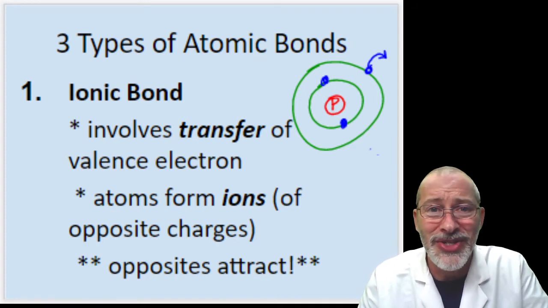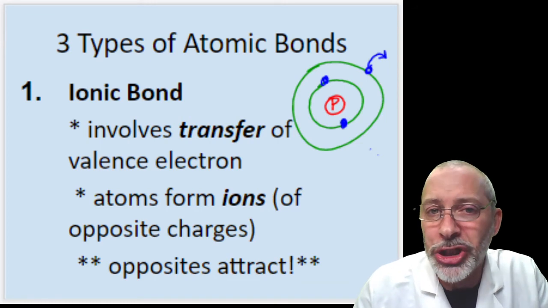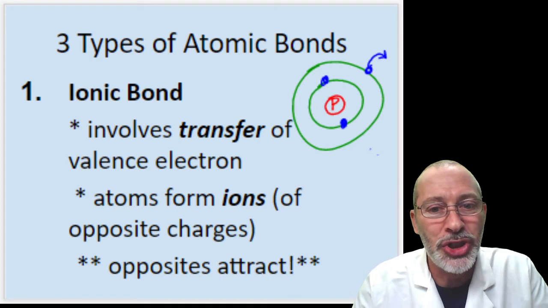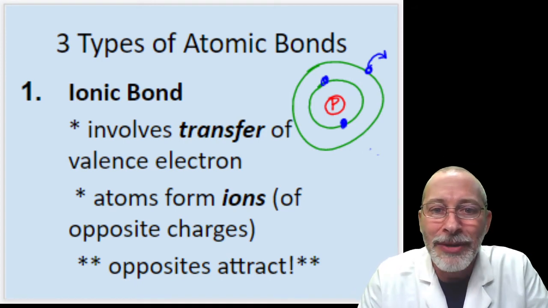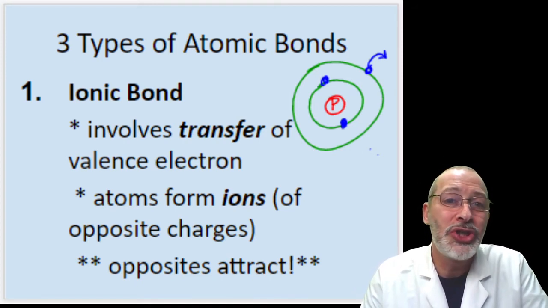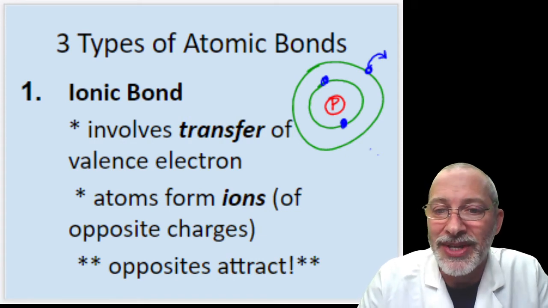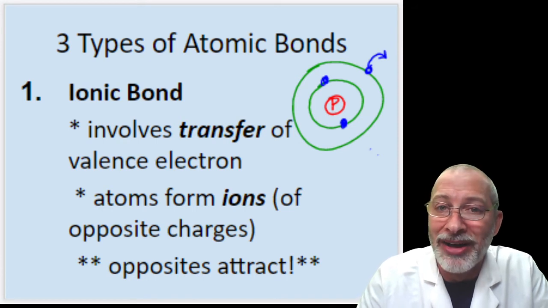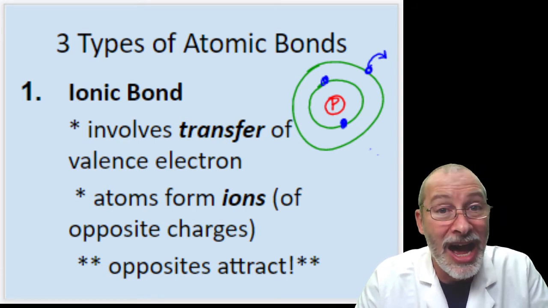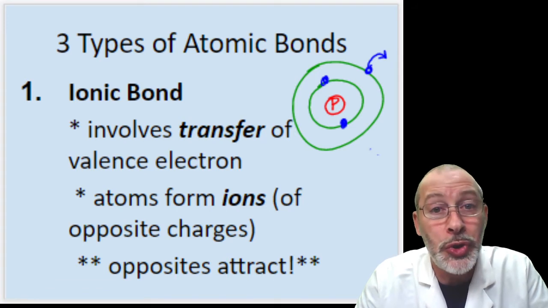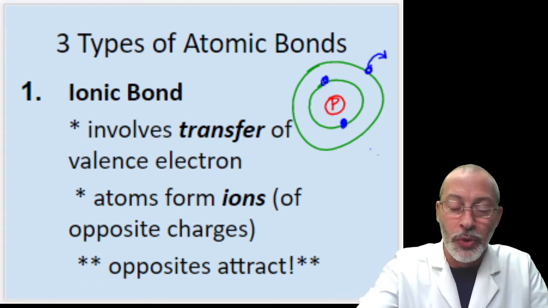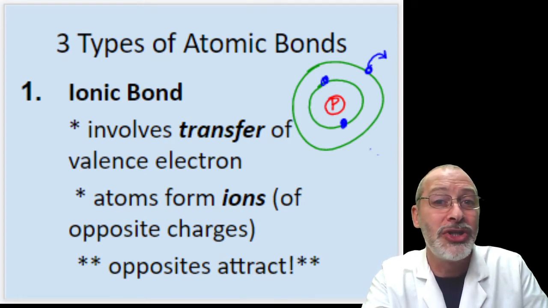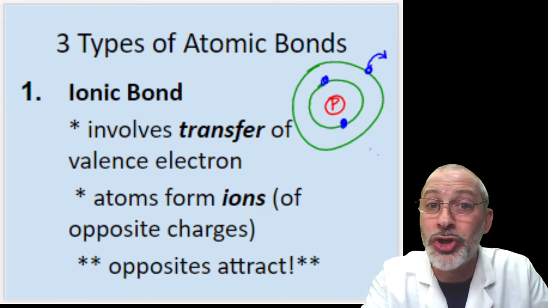Ionic bonds. Atoms are attracted to one another because of opposite charges. When atoms form ions of opposite charges, opposites attract one another. And that is the bond that holds ionically bound compounds together. The transfer of an electron forms ions of opposite charges, and opposites attract.